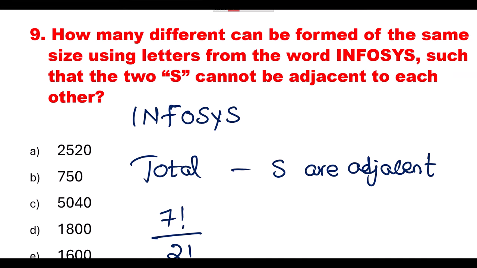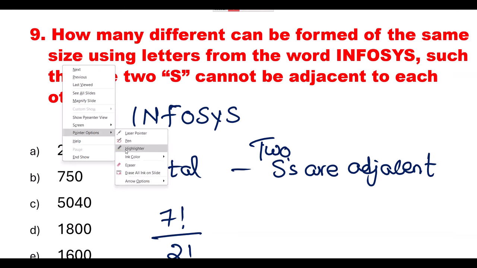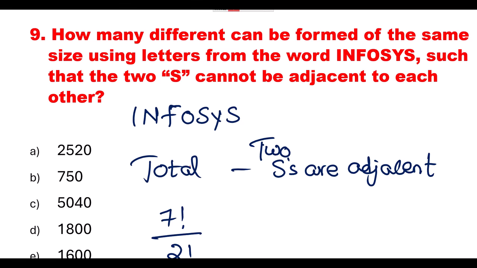Handle this question as total minus the ways where the 2 S are adjacent. Total 7 letters in Infosys, 7 factorial divided by 2 factorial for the 2 S, which is 2520. Your answer should be less than that, maybe around 1800 or 1600. Next, subtract the cases where S are together, so S should be taken as one unit.